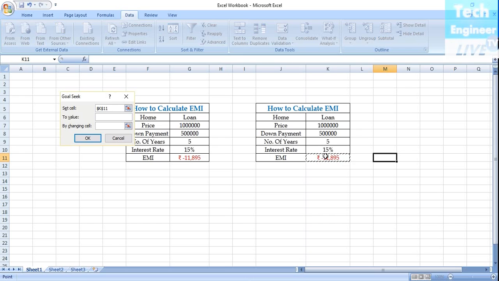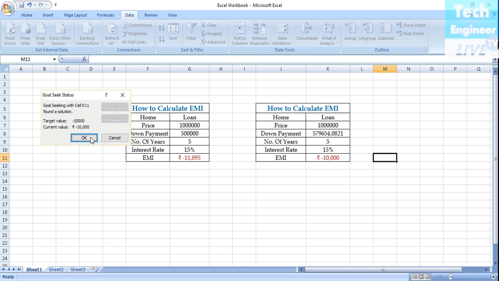Now if I want to pay only 10,000, that's the only amount I will pay, so what would be the down payment I have to raise?